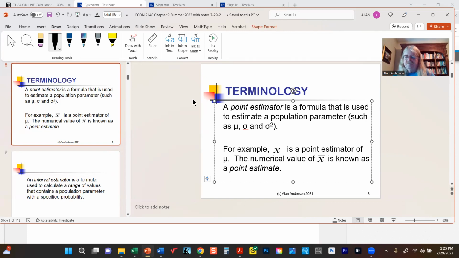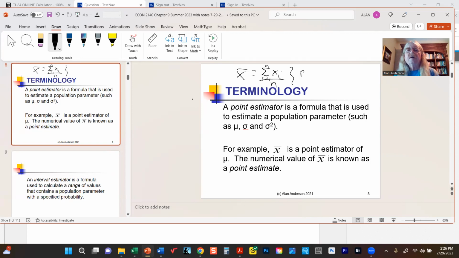So in other words, what they're saying here is that the formula for X bar, because it is giving us an estimated value for the population mean, this formula is called a point estimator.